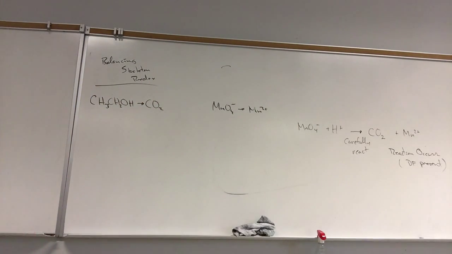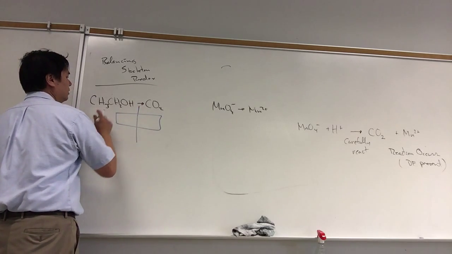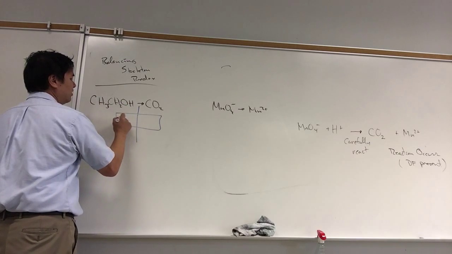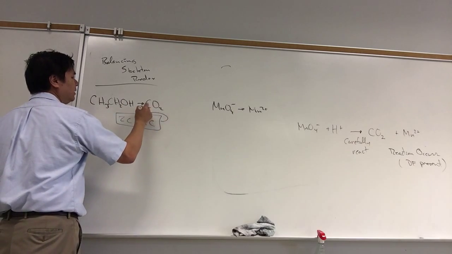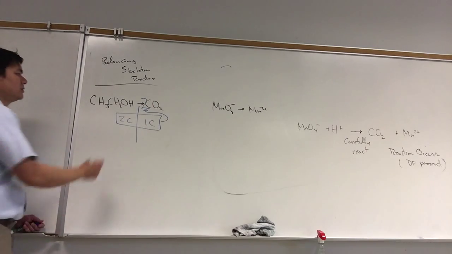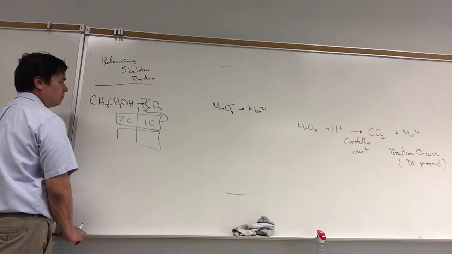Let's quickly do this. First, we balance all elements other than oxygen and hydrogen. We have 2 carbons here, 1 carbon here, so we need to multiply this by a coefficient of 2. Then we balance what, hydrogen or oxygen next? Oxygens.